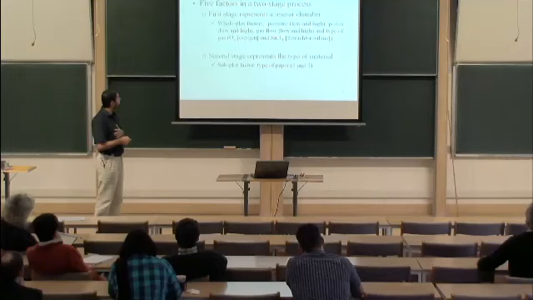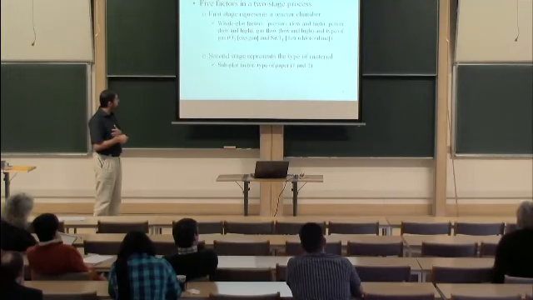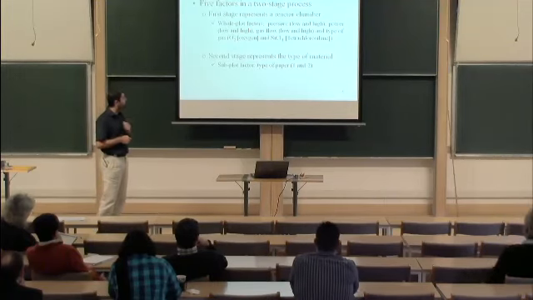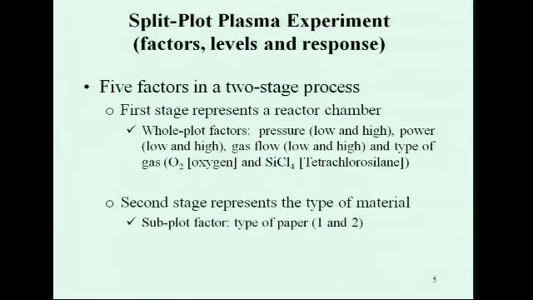And the whole plot factors that were not so easy to change in the levels were pressure, power, gas flow, and the type of paper. And the subplot factor was very easy to change, representing the type of material that would be put into the reactor chamber.